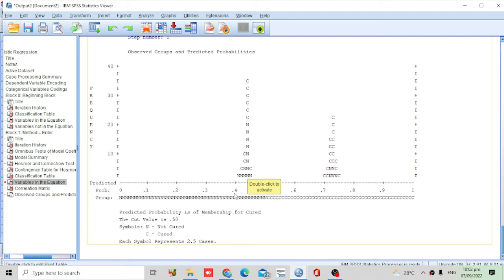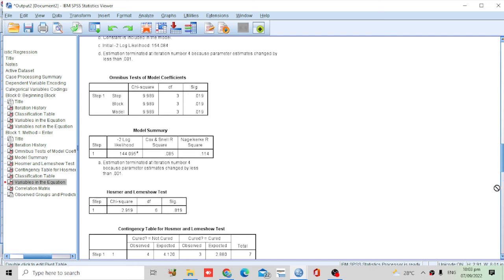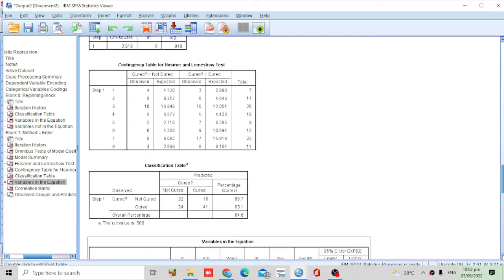So meaning, as you can see from our classification table, 64.6% does not guarantee to give support to our study, because 64.6% is very close to 50%.